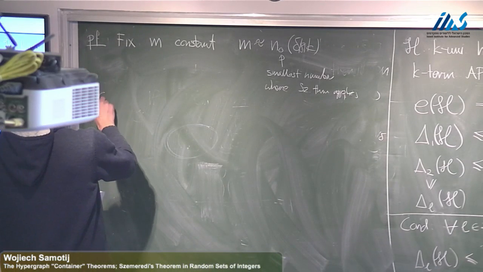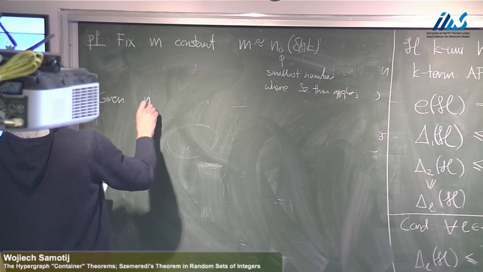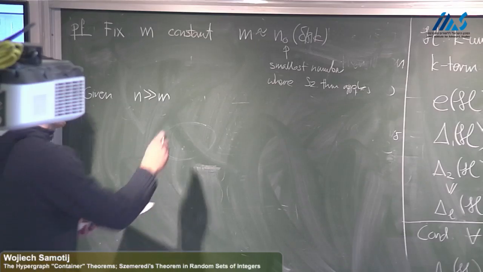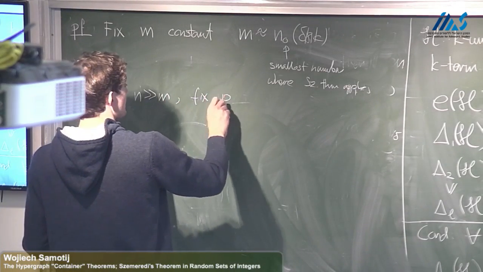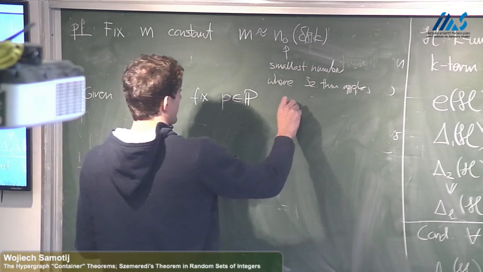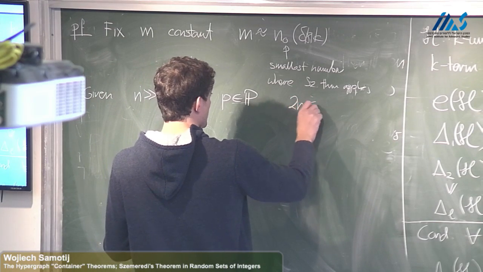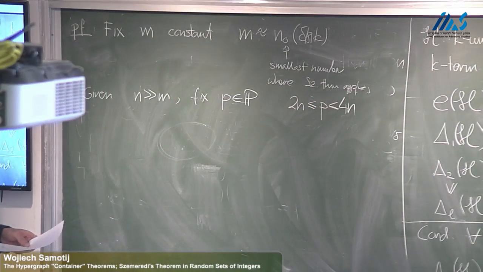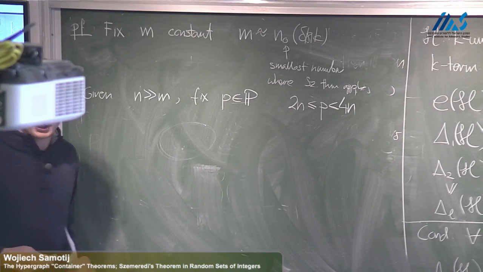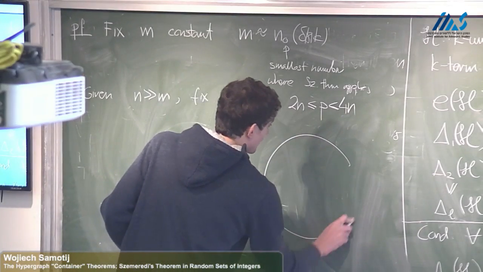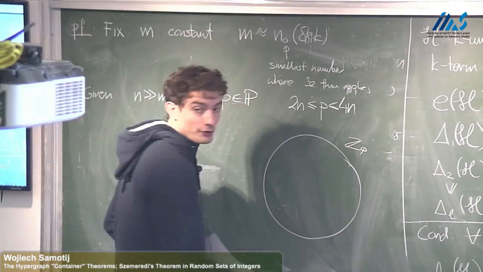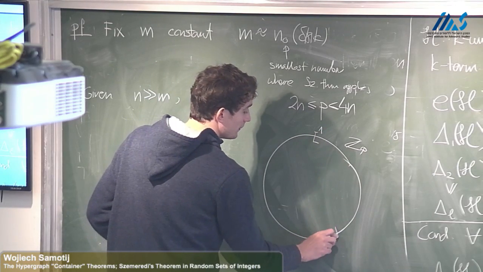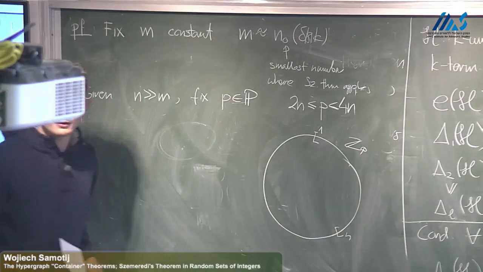Now I'm given an n which is much larger than m, and I fix a prime p between 2n and 4n. And I'm going to work modulo p. So here, let's draw Z_p. And somewhere here lies the interval 1 to n.